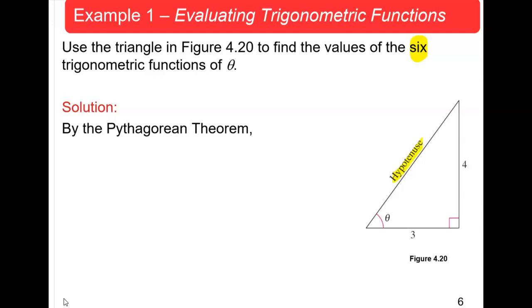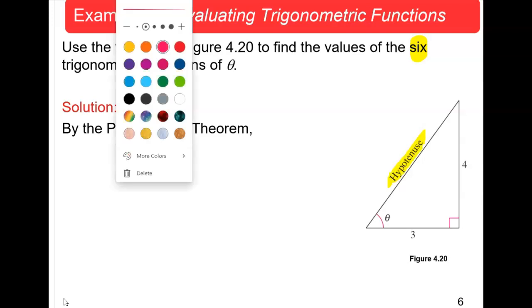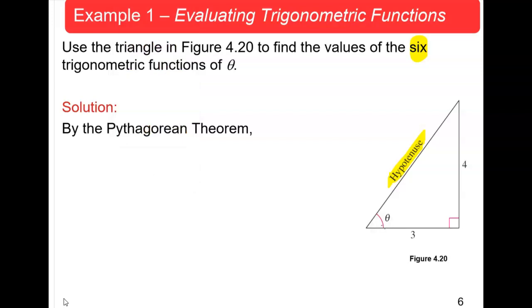So we're going to be finding the hypotenuse, but before we do that, let's go ahead and define the sides here that we have. So if the angle theta is here, 4 will represent the opposite side, and 3 will represent the adjacent side. And of course, hypotenuse, but remember we use the abbreviation.